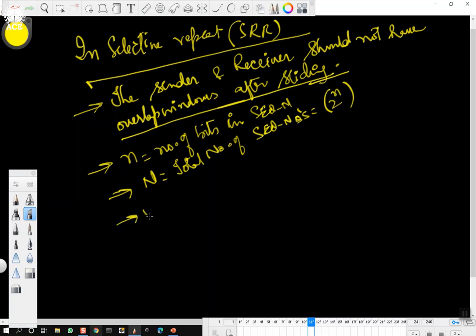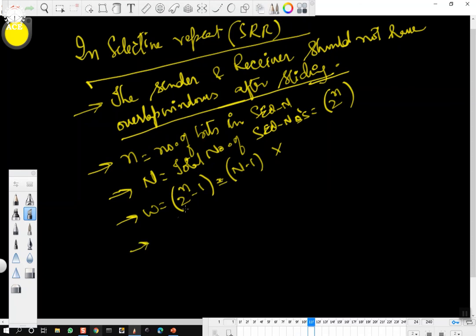The value of W derived from the previous equation was 2 power n minus 1, like in our example it was 7. But this cannot be, as we have seen, it can lead to overlap.